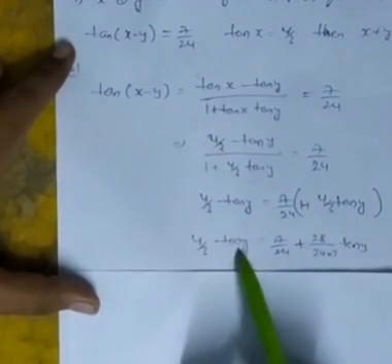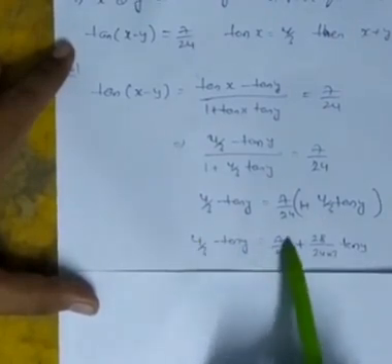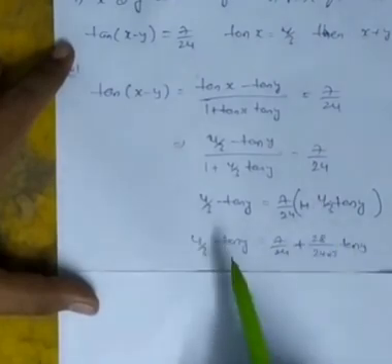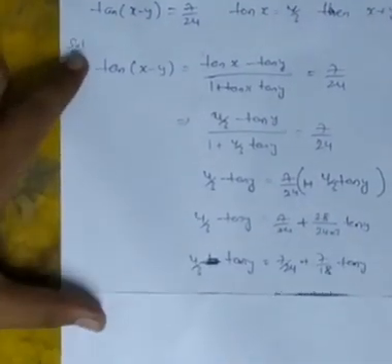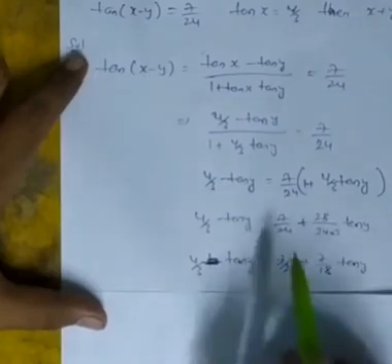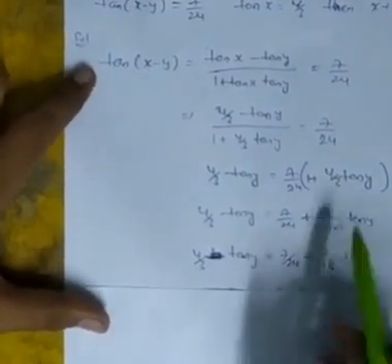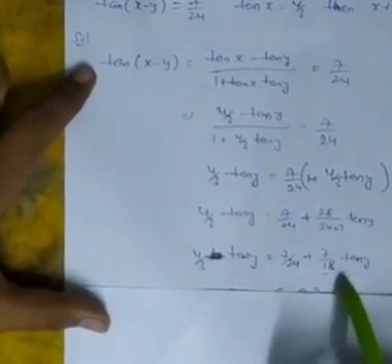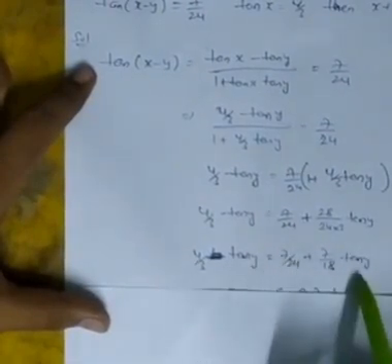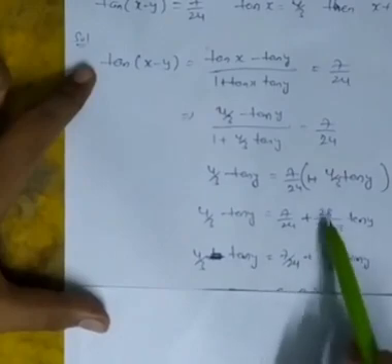So taking the tan y terms and the constant terms, the constant terms are 4 by 3 and 7 by 24. Constant terms on one side and tan y terms on the other side. After cancellation we will be left with 7 by 18 into tan y.